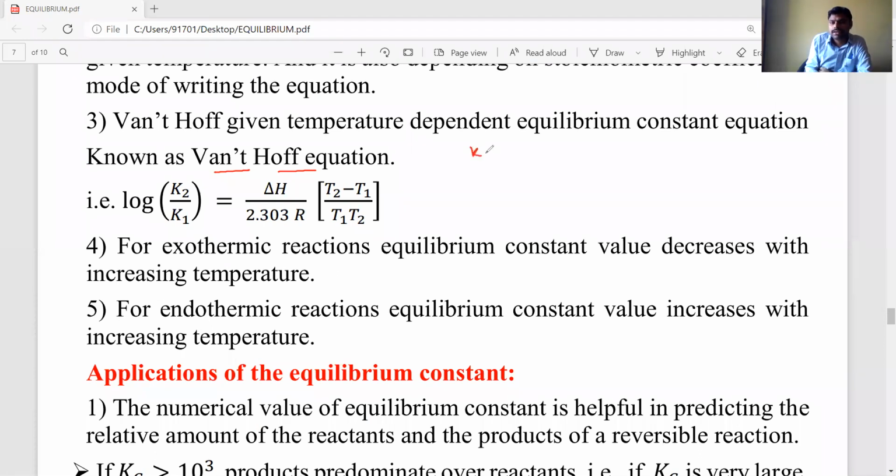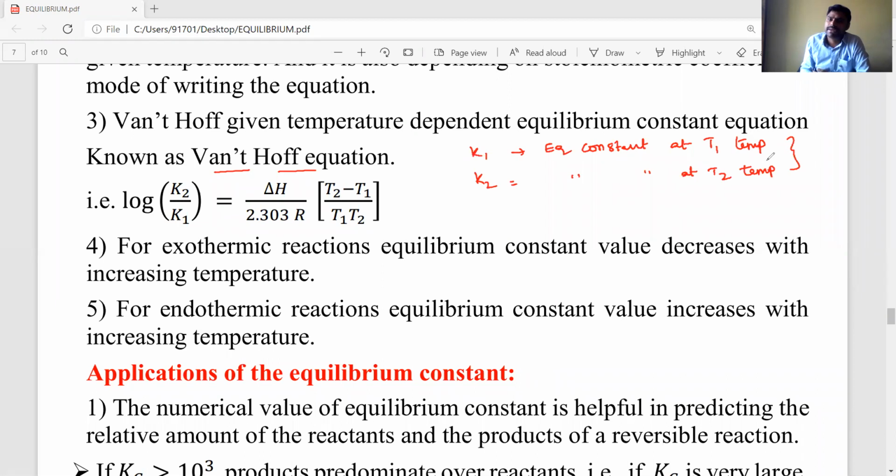K1 is the equilibrium constant at temperature T1, and K2 is the equilibrium constant at temperature T2. When the temperature changes, the equilibrium constant changes.